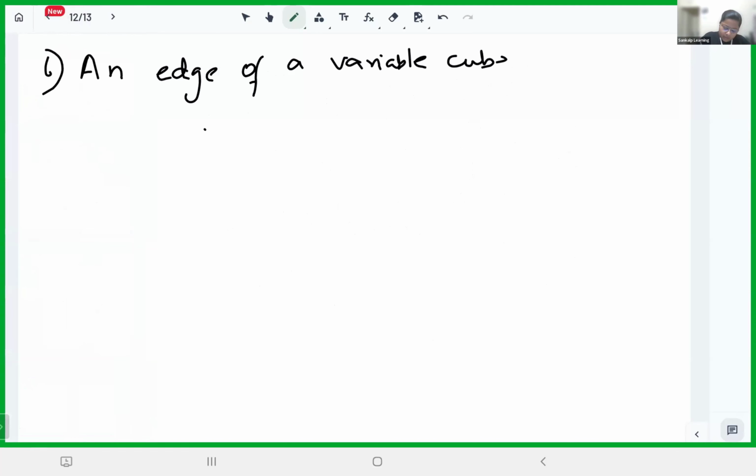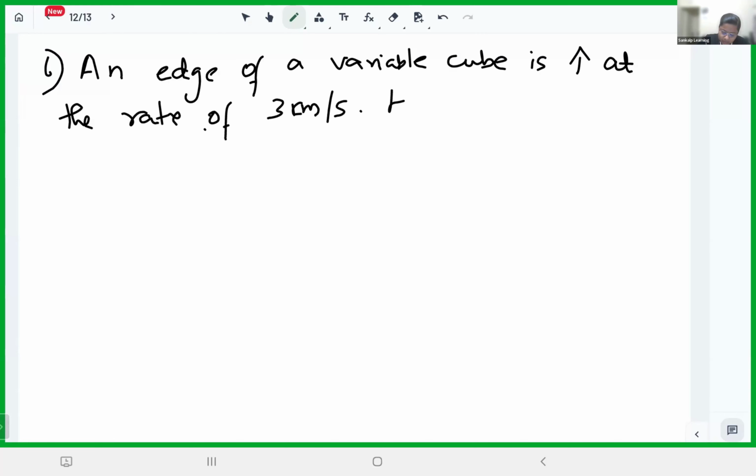Okay. Now moving on to our sixth question. An edge of a variable cube is increasing at the rate of 3 centimeter per second.